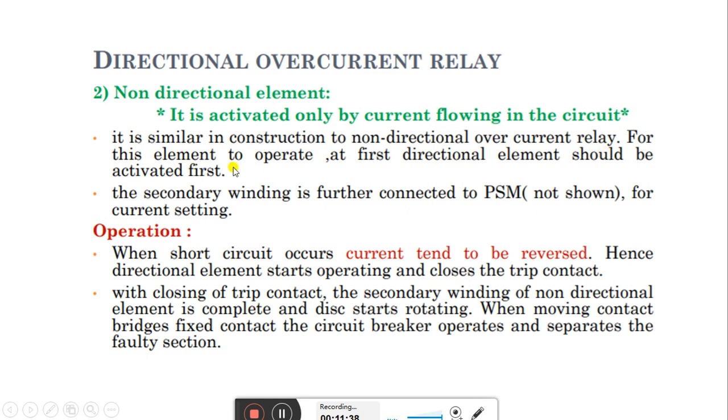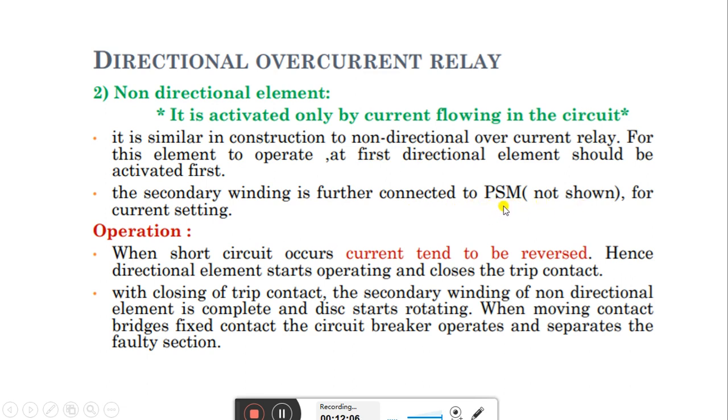For this element to operate, the directional element should be activated first. I have already discussed that to operate the non-directional element, it is a must that the directional element is operated first, and the same thing is written here. The secondary winding is further connected to the PSM, not shown here.